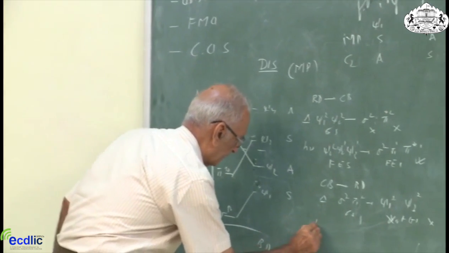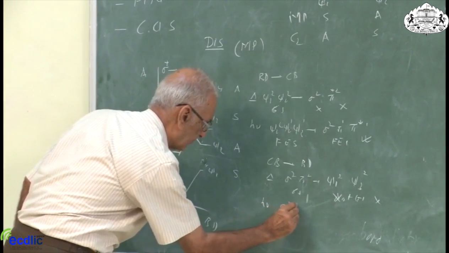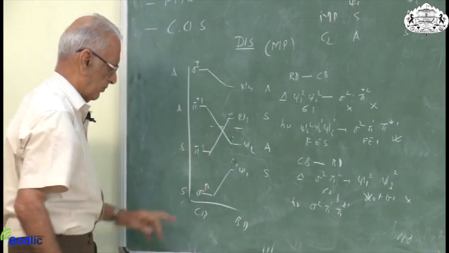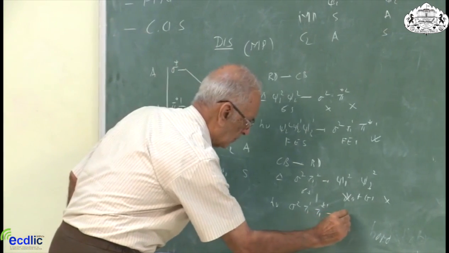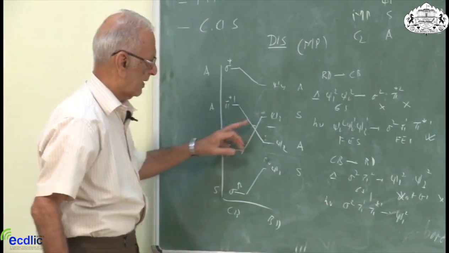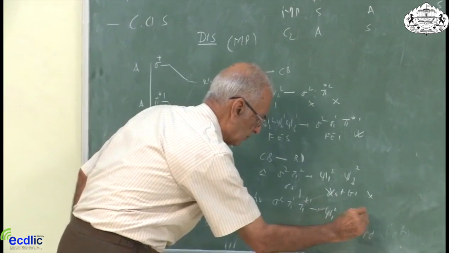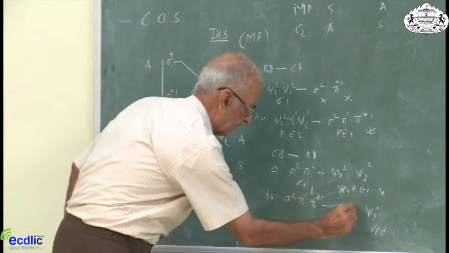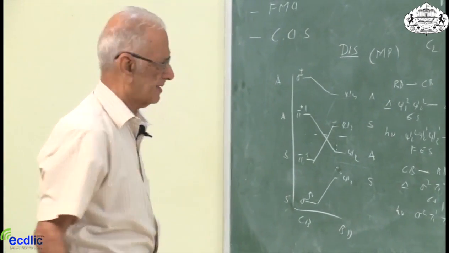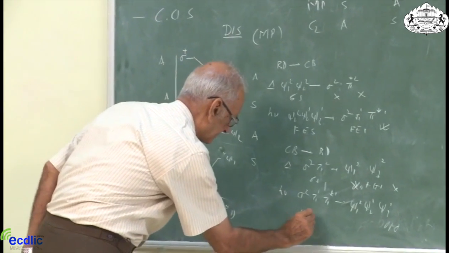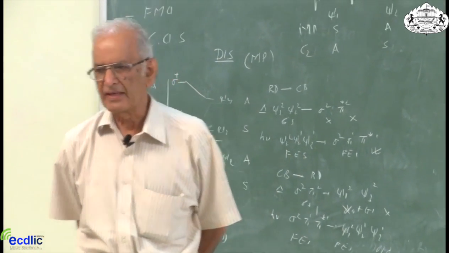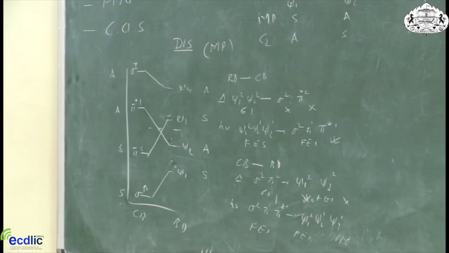When you look at photochemical reaction, 2 electrons in sigma, 1 in pi, 1 in pi star. Your sigma 2 electrons go into psi 1, your pi electron goes into psi 3 1, your pi star electron goes into psi 2. So, first excited state gives first excited state. Therefore, reaction is allowed.